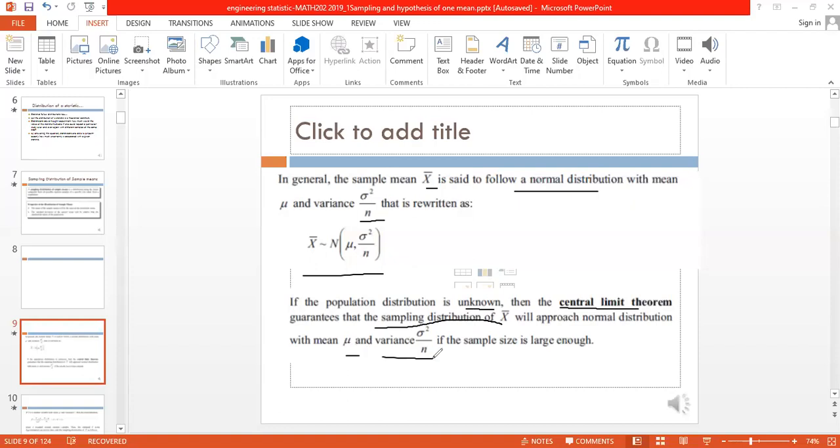Sigma squared over n. As long as the sample size is large enough. So if your sample size is large enough, then regardless of where X bar is coming from, per the CLT it approximates towards a normal process.